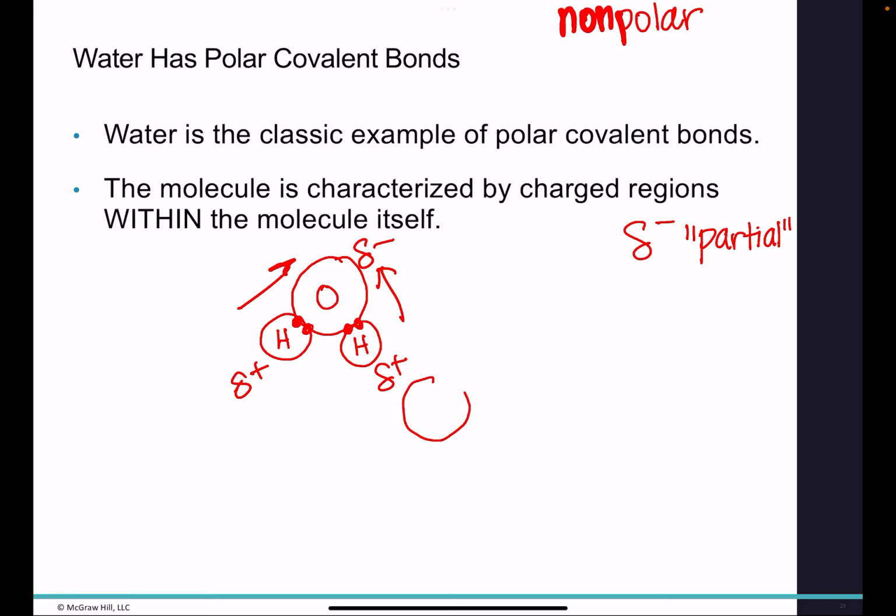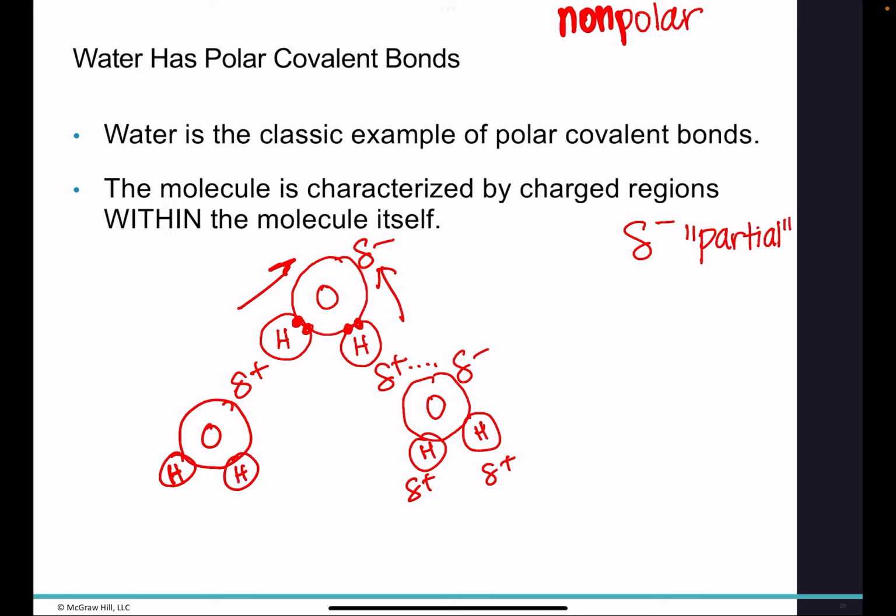So if we have another water molecule in here, this negative of the oxygen side is going to be attracted to the positive of the hydrogen side. And if we draw in a few more, we might have another one here, and then another one here that is attracted to these hydrogens. And so very quickly, you get this network of positive and negative attraction.